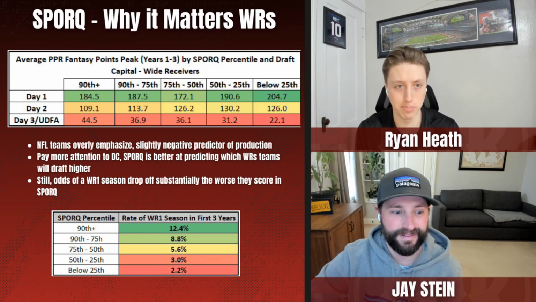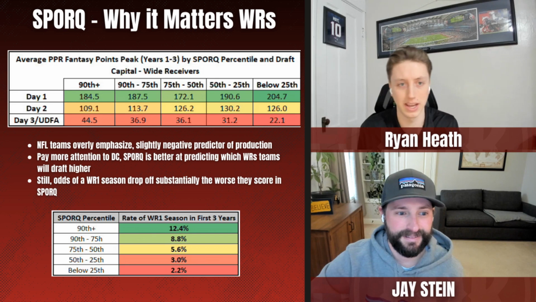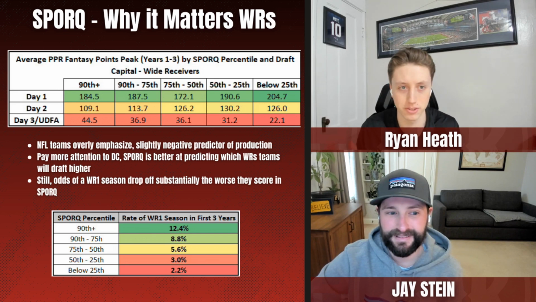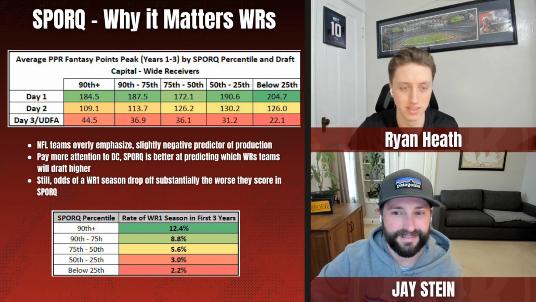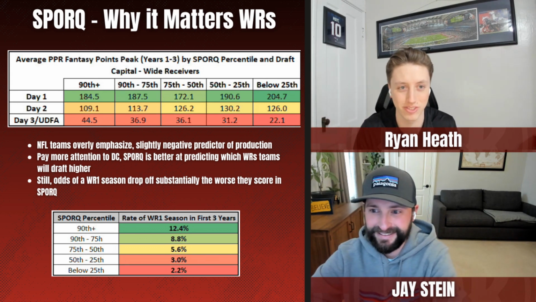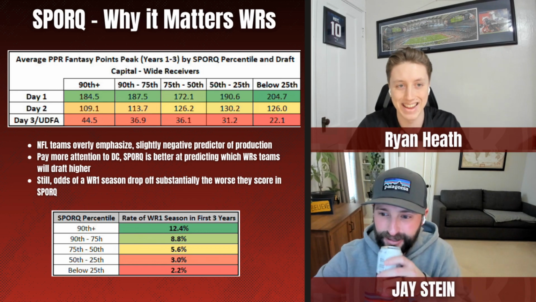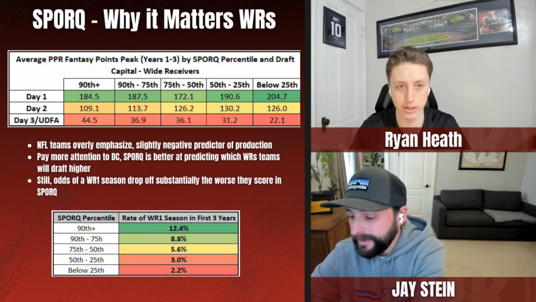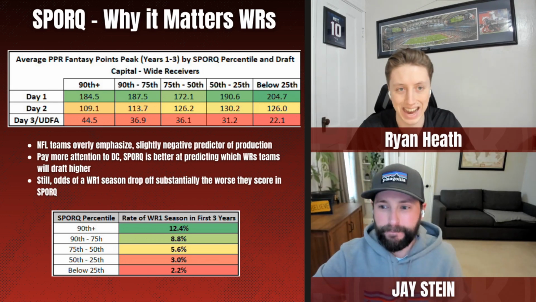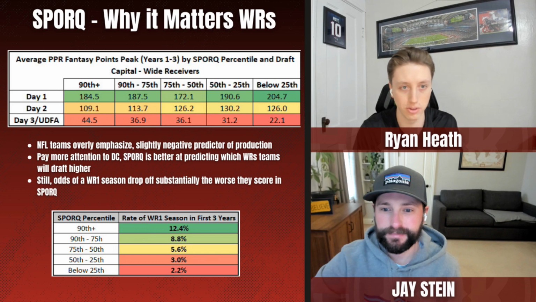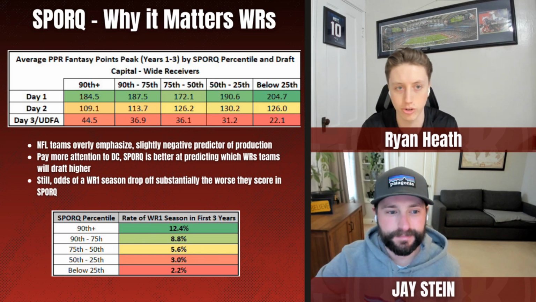Yeah, so thinking back to the original chart we had with the red and the gray bars, you notice that with the wide receiver gray bars, the athletic testing was predicting draft capital a lot better than it was predicting production. And this is the consequence of that, with teams very much wanting to draft these highly athletic wide receivers a lot higher than they normally would, given all of their other traits, right?